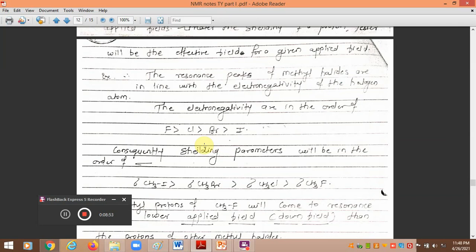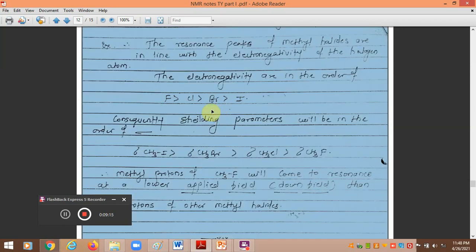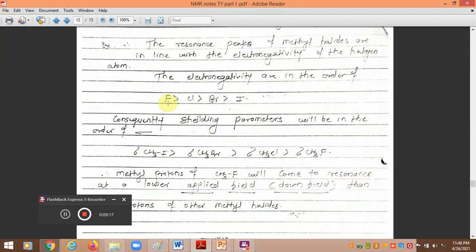You know very well this is the order of electronegativity of different halogens: fluorine has the greatest electronegativity as compared to chlorine, bromine and iodine. Consequently the shielding parameters will follow an order for the methyl halides. Fluorine will attract more electron density towards itself from the CH3 group, and iodine will have lower electronegativity.